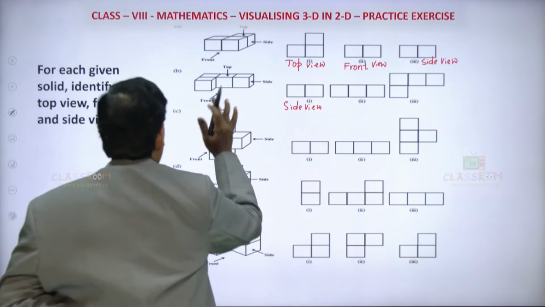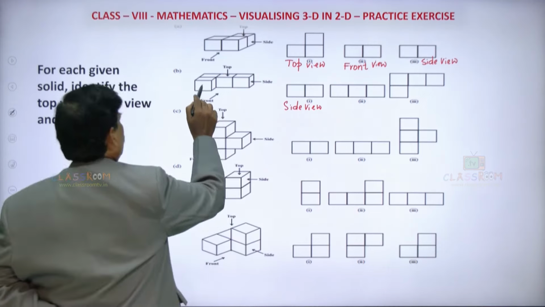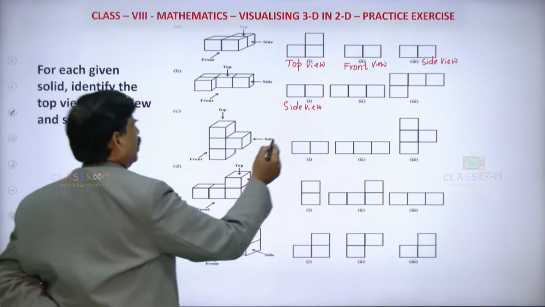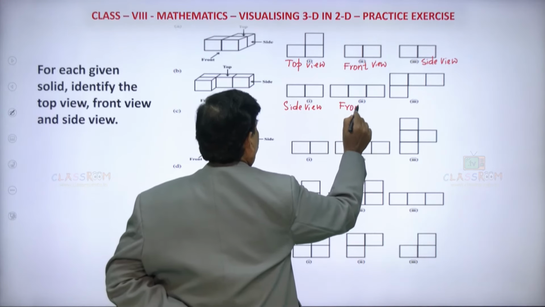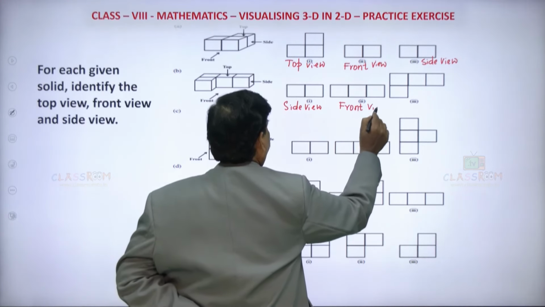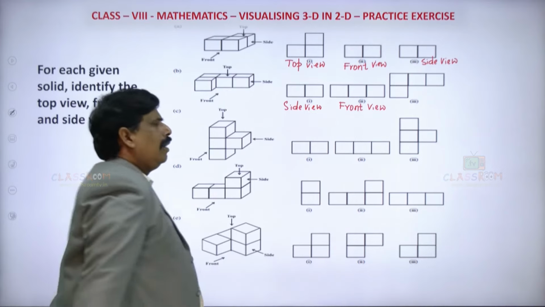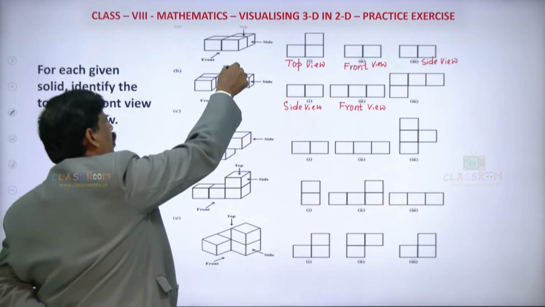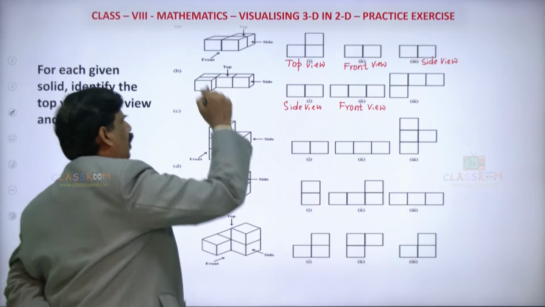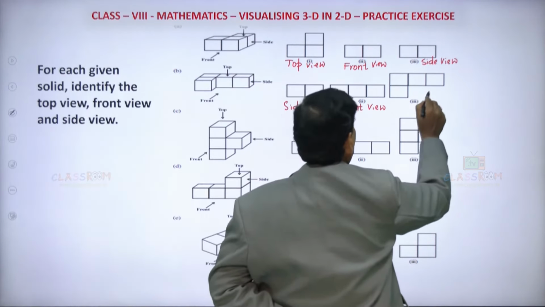So if I look from here, I'm able to see this, this and this. So this is the front view here. And when we look from the top, we could see these three and the side one. So this is the top view.